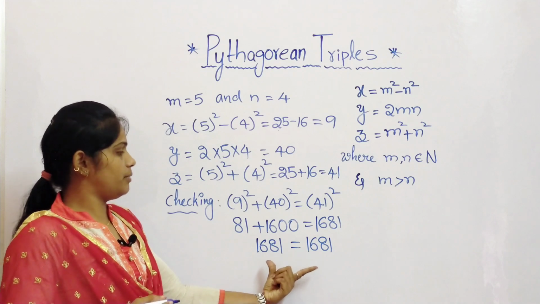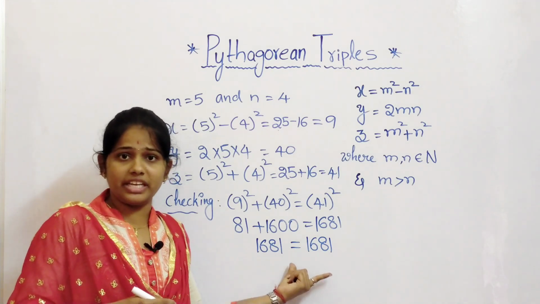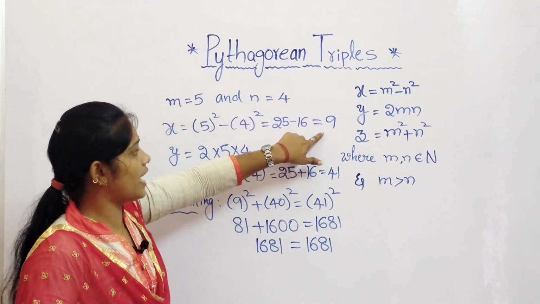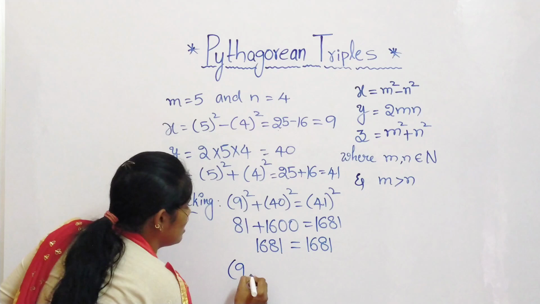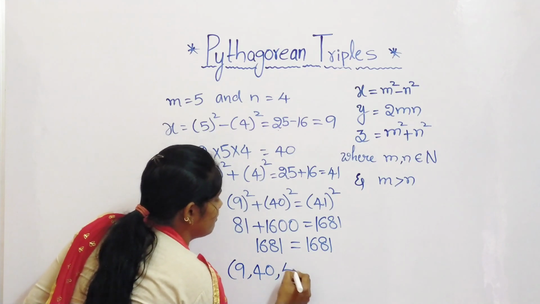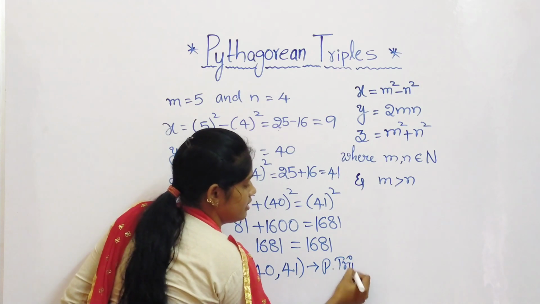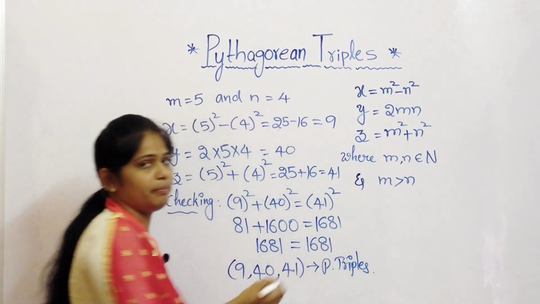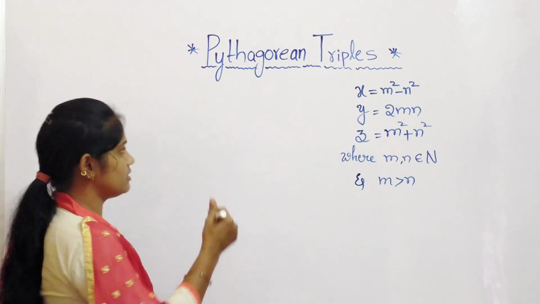Now the condition x square plus y square is equal to z square is satisfied with the values 9, 40 and 41. So we can say that 9, 40, 41 are Pythagorean triples.